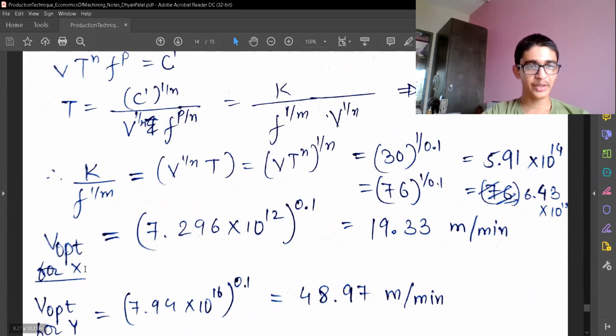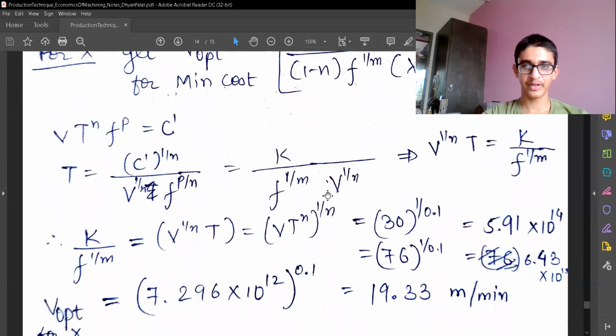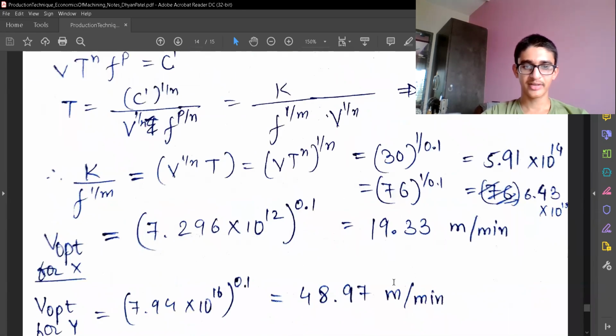So we get the V optimum for X and V optimum for Y using the expression we already have. We can just substitute and get the V optimum for X and Y. You may infer that this velocity is very high, so it will give me higher cost, or this velocity is very low, so the feed rate will be low.